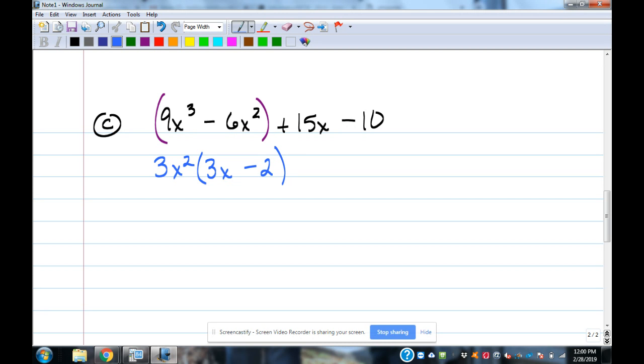Do the second half. Positive 15x minus 10. 15 and 10, what do they have in common? 5 goes into both of them. Is that the biggest thing? Well, 5 times 3 is 15. The only thing bigger than that that goes into 15 is 15, but we know 15 doesn't go into 10.